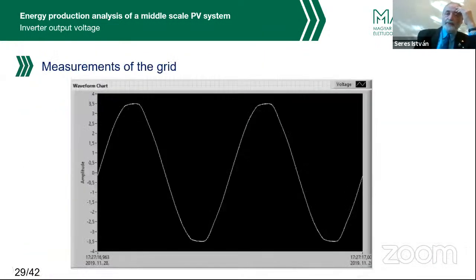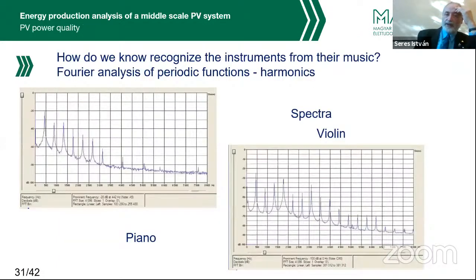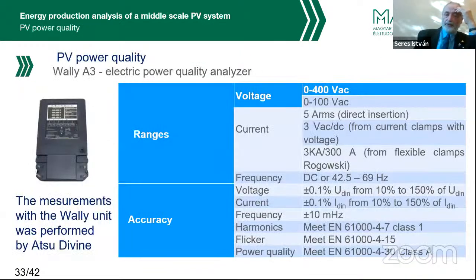Okay, so I showed you that with a very simple data logger, we started to analyze the grid, but it was not enough to check the harmonics. So we were using a professional unit. This is an electric power quality analyzer, WALI free. WALI is the name of this unit. And our PhD student, Atsu Divine, was doing these measurements.